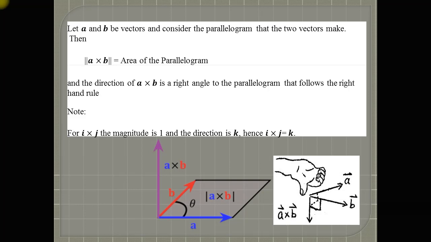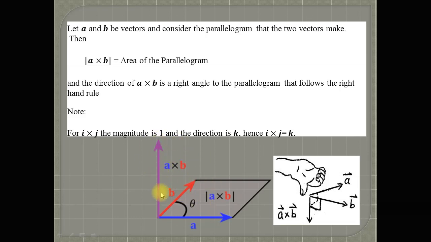So A cross B is a vector. This is A cross B. The A cross B vector is perpendicular to vector A and perpendicular to vector B, and you see in this picture, this is very clear.